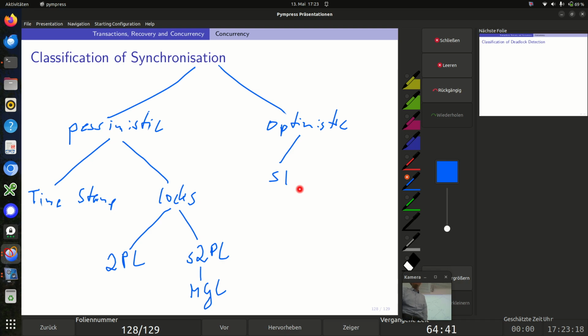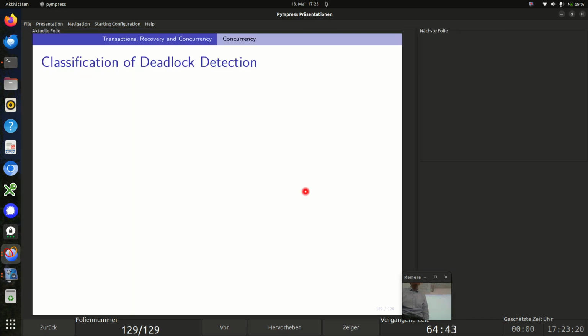So I'm sorry, and I also want to have the classification of the deadlock detection. How can we classify it?